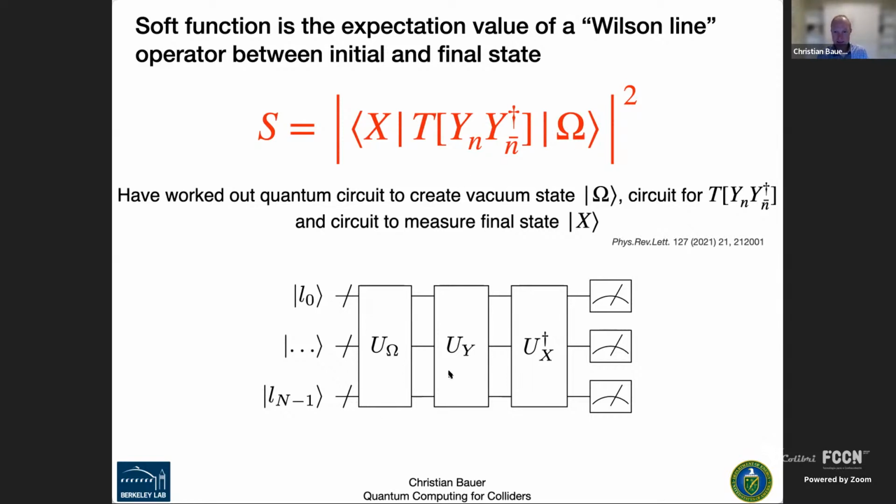If I act on my initial state where all qubits are 0 with this object, I create that state omega. Then I act with this operator on here, which is just some circuit, which I call U_I. And then I measure out some state X by acting with U dagger X on this here, then I perform a measurement, and the frequency with which I measure the all 0 state will give me the expectation value of that object.